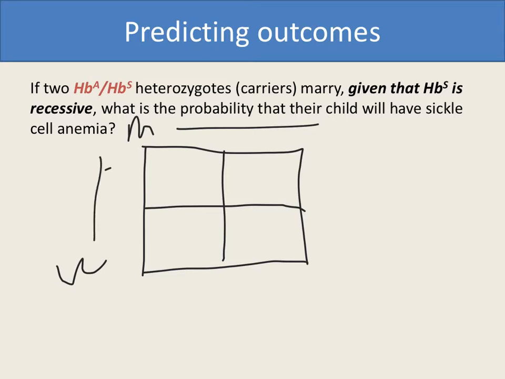And if they're both heterozygotes, we'll say the man is HBA, and we also want HBS.